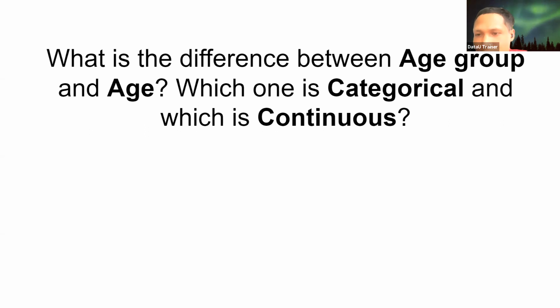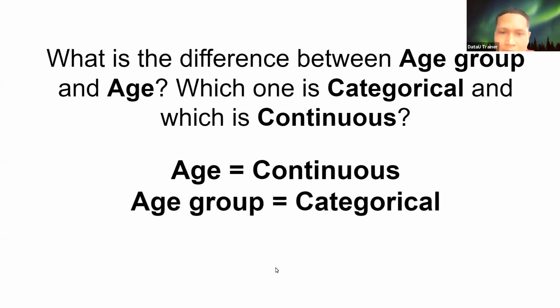If they were adults, they would be in another age range and their value would be adult. If they're a child, there would be another age range. So yes, you're right. It is a range, and depending on that range, it would have a categorical value. Age is continuous. Age group is categorical.